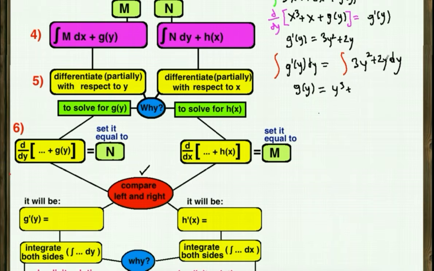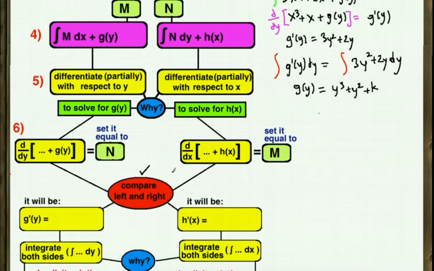Plus y, antiderivative of y is y squared over 2. 2's cancel, so it becomes y squared here. And some constant k. So be careful not to use c here. Use k, other constants, or you can use c1, c2.